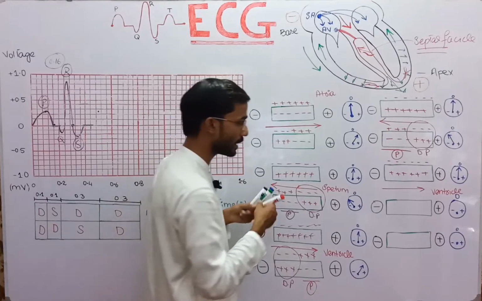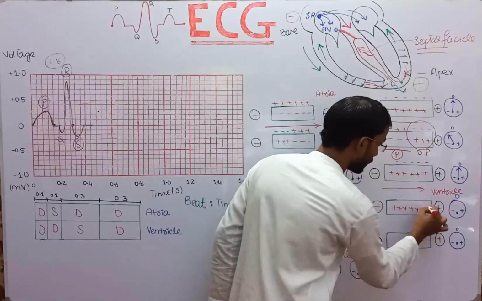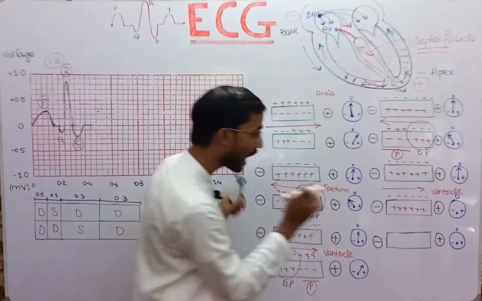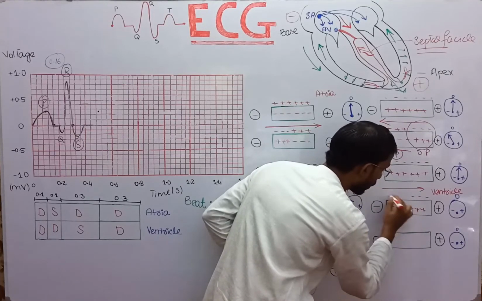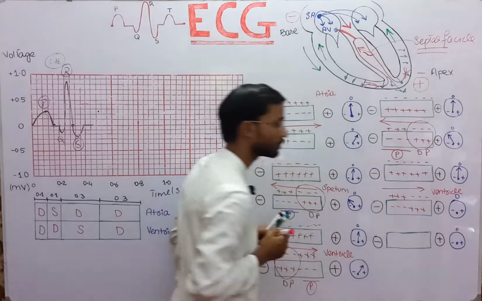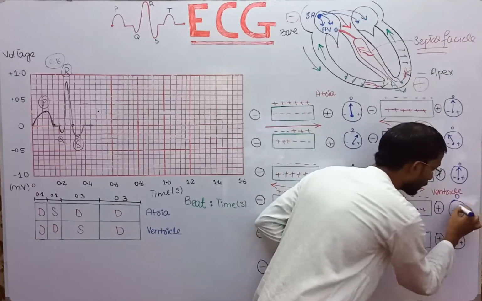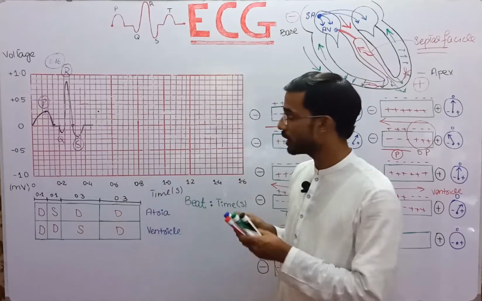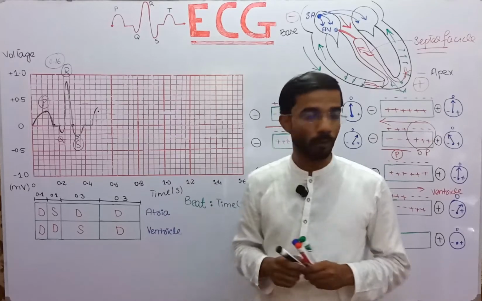And here you can see the cell was in a depolarized state, and half of the cell has now become polarized. What will be the direction of the needle? The direction of the needle will be positive. And you can see on the graph that a half positive peak will form.